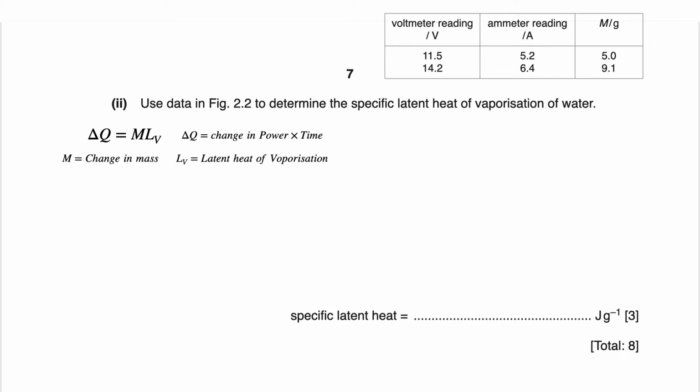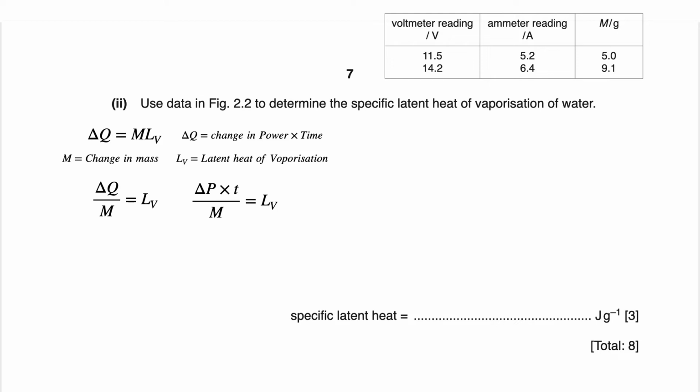Now let's rewrite this equation, because we are interested in L_V. From this equation, L_V is delta Q by m. Now we can replace delta Q with power times time: delta P times t, divided by m. I have done nothing extra.